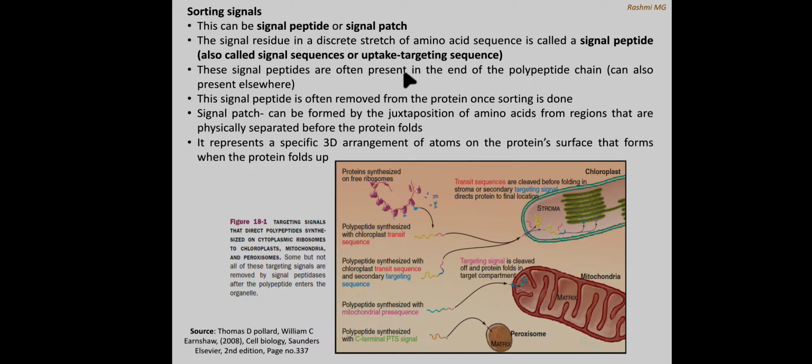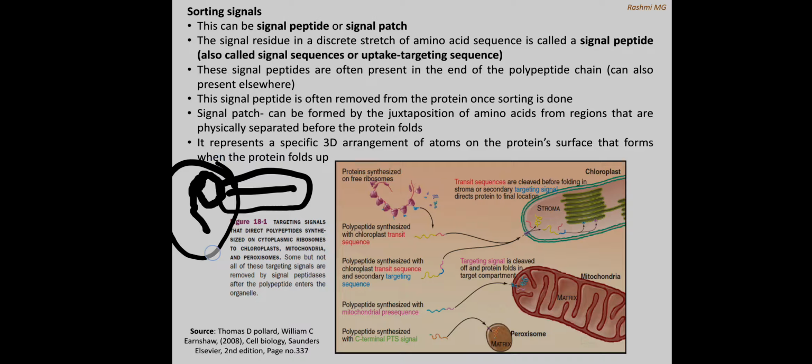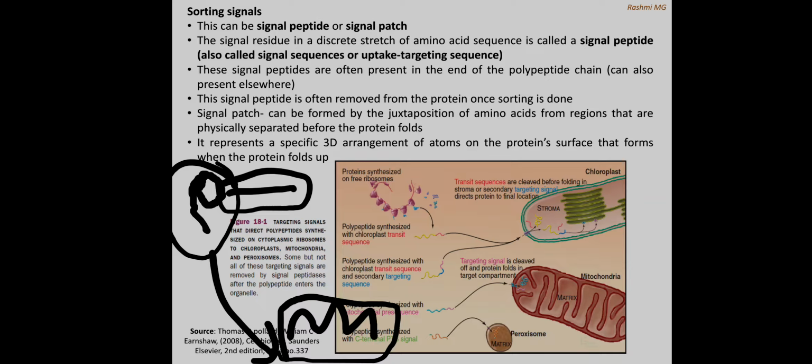These signal peptides are often present at the end of the polypeptide chain as a tail. The signal peptide is often removed from the protein once sorting is done. So remember, if there is a protein having a tail with it, after it is delivered to a particular organelle, the sequence will break off from the protein.